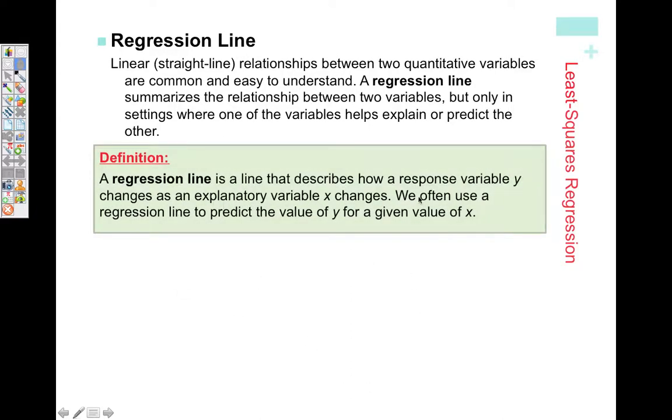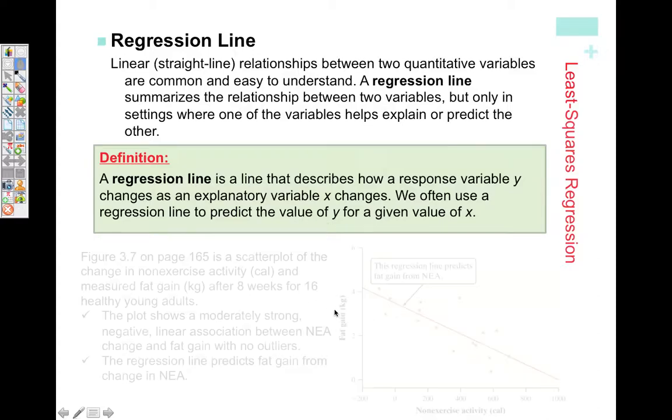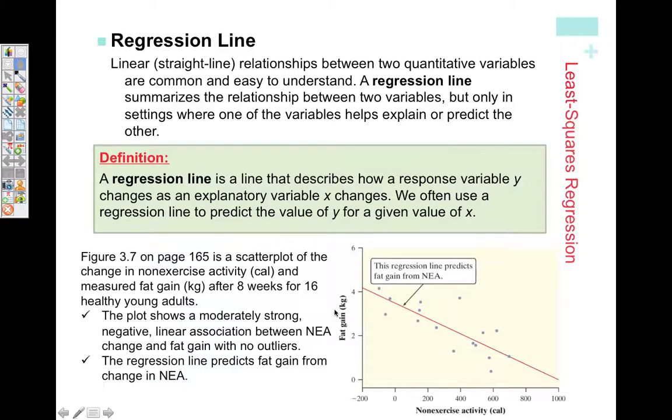So it's a line that describes how a response variable y changes as an explanatory variable x changes. We often use the regression line to predict the value of y for a given value of x. So in the textbook that we use, we have this scatter plot. It relates the amount of non-exercise activity, so fidgeting and things like that, and the measured fat gain after 8 weeks.